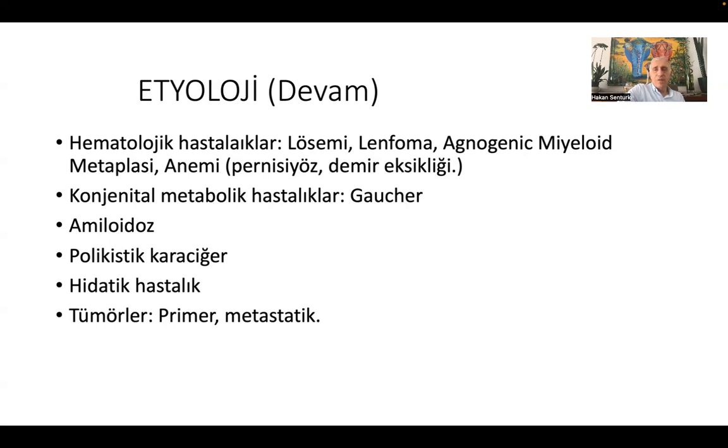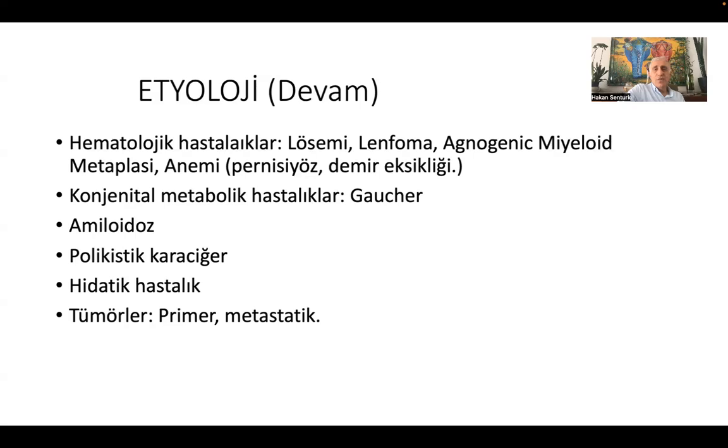This is a disease of accumulation of some substances in the liver. Amyloidosis. Amyloid is a glycoprotein type material which is accumulated in tissues like kidney, intestine, and liver.